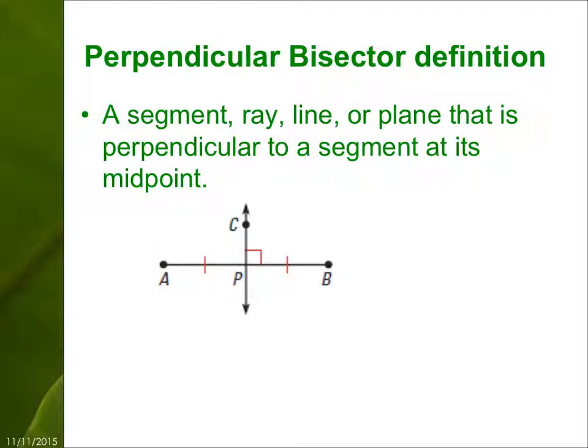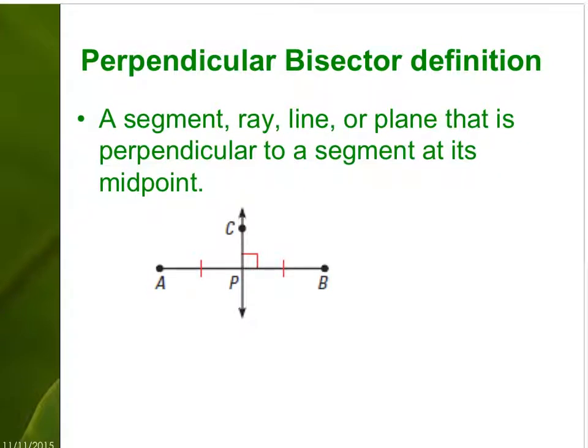Now, when we have a perpendicular bisector, what it's going to be bisecting is going to be a segment, because we need to be able to find the midpoint and create two congruent pieces. So this is why it's not going to be bisecting a line. So what your perpendicular bisector is, it's going to be a bisector of a segment.